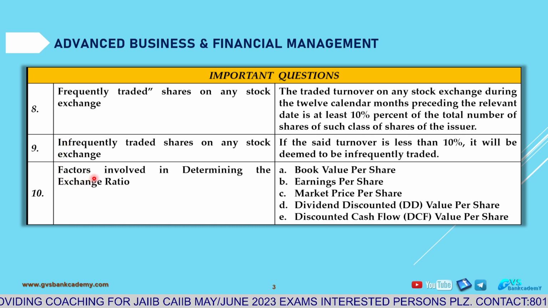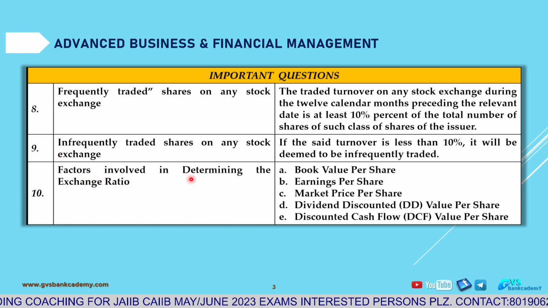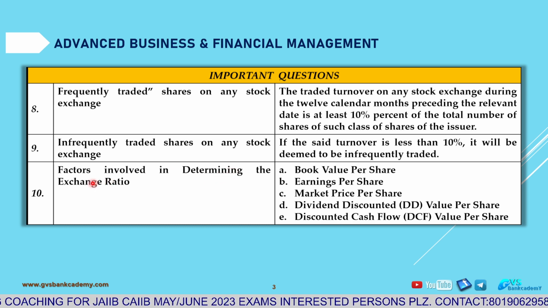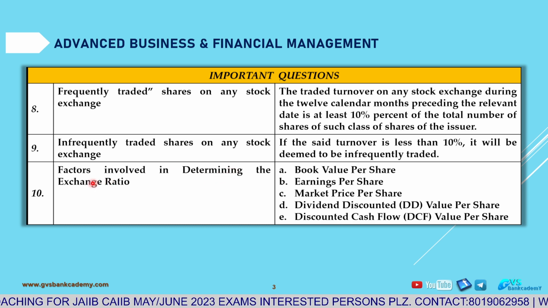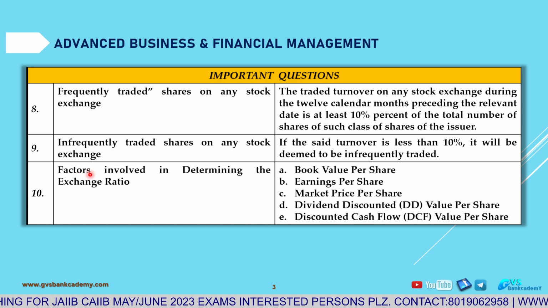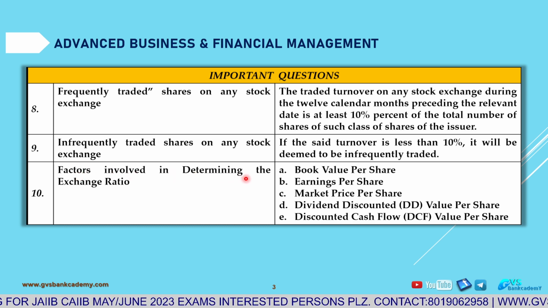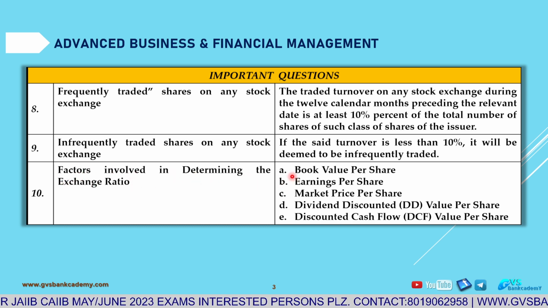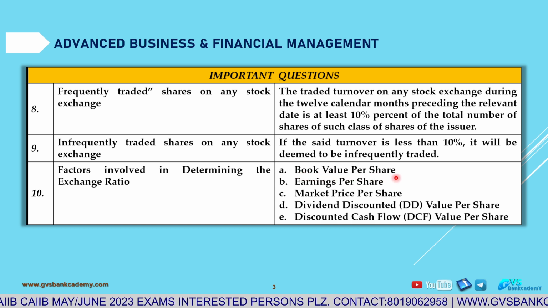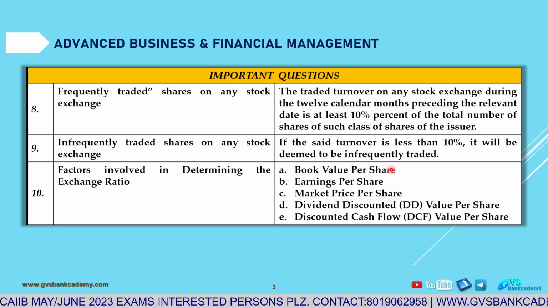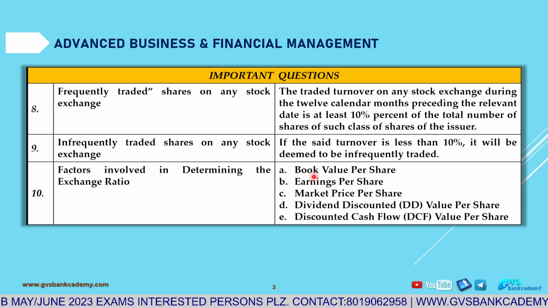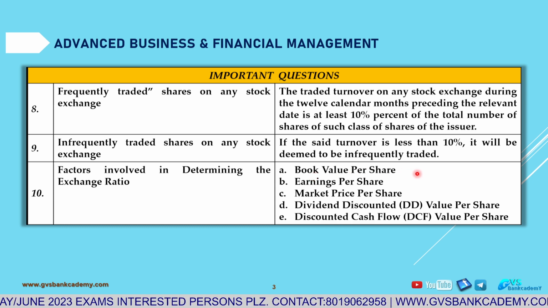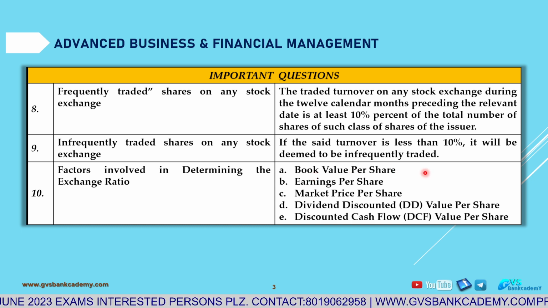10. Factors involved in determining the exchange rate at the time of mergers and acquisitions. A. Book value per share. What is the book value of the company? Book value means net worth divided by number of equity shares.